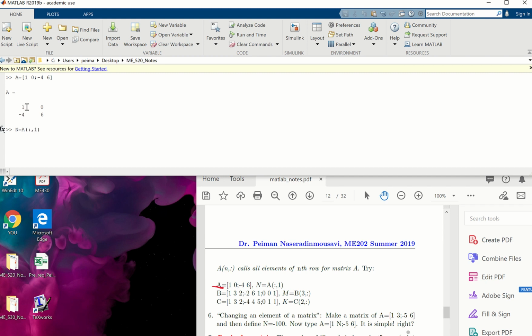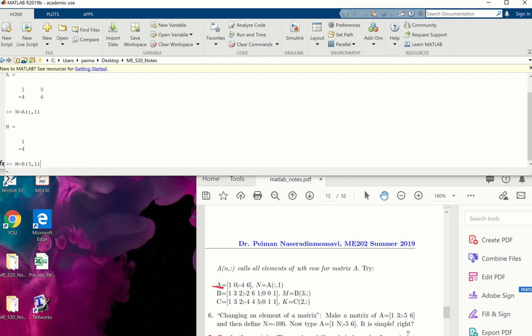This is the first column. All rows means 1 and -4. Again, this command means show me all rows of the first column. So what you're going to see is 1 and -4, no doubt. Understand? I'm repeating: by this command, show me all the rows of the first column.